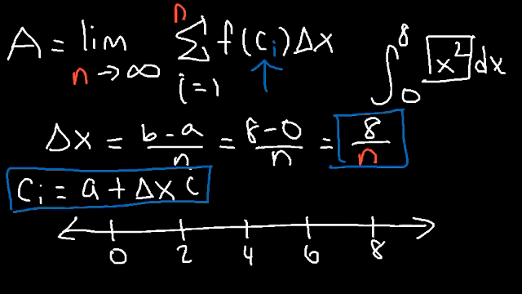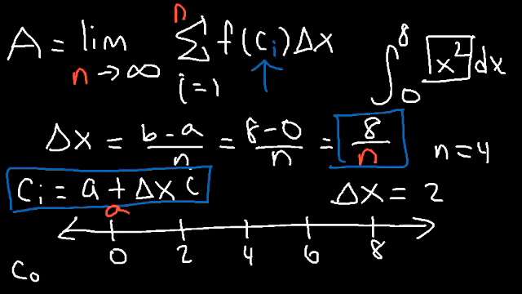We know delta x is 2 in this example where n is 4. When n is 4, we have 0, 2, 4, 6, and 8. So the width of each rectangle is 2. a is the first number. a is 0. So let's say i is equal to 0.